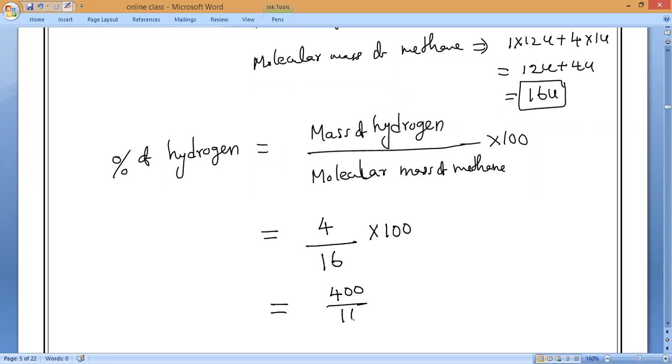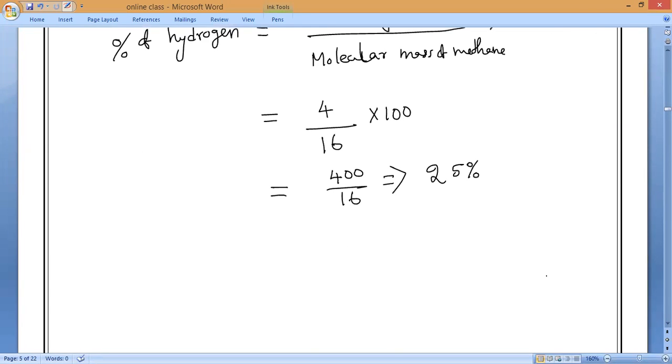So 400 divided by 16. You will get 25%. So what is present in methane gas? 25% of hydrogen is present in methane.